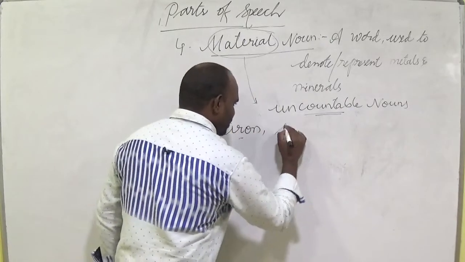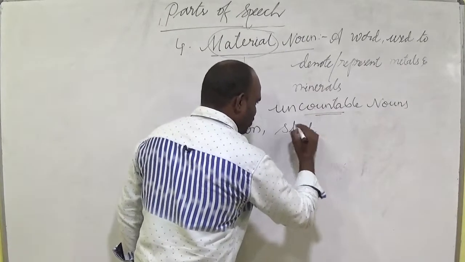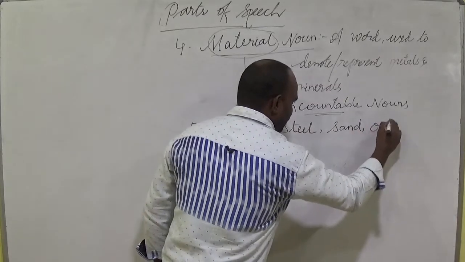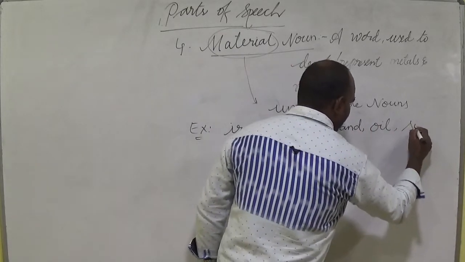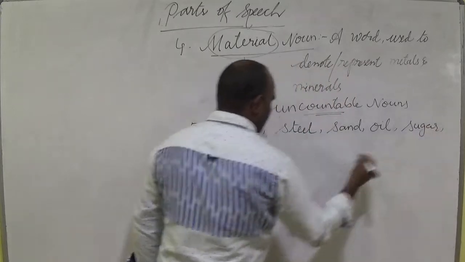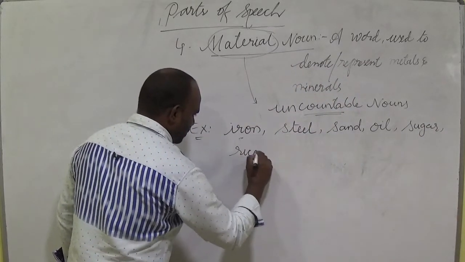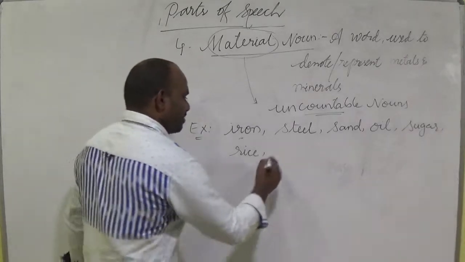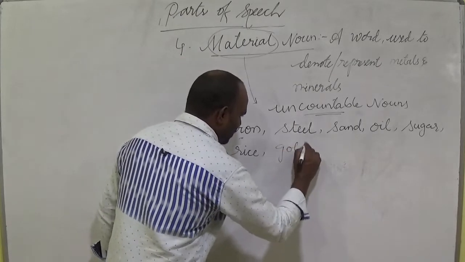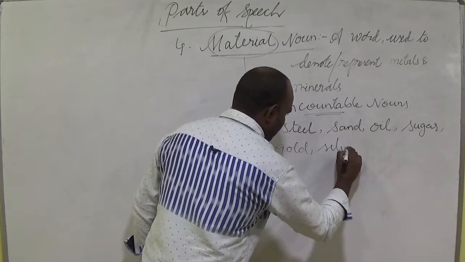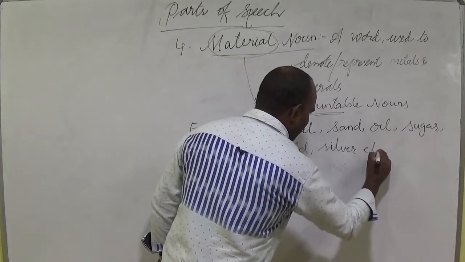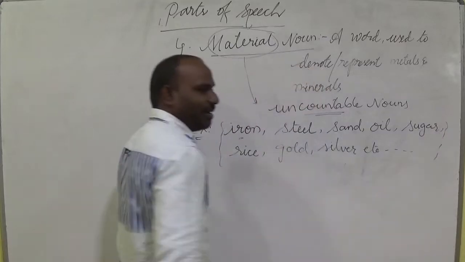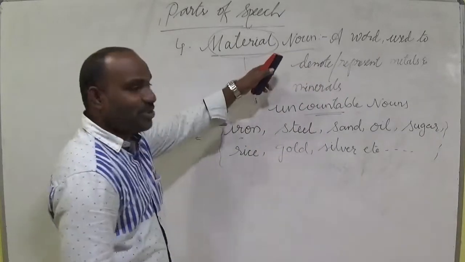Iron, steel, sand, oil, sugar, rice, aluminium, bauxite, magnesium, platinum, gold, silver, etc. These are called material nouns.